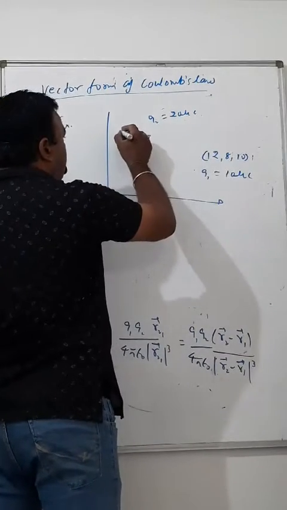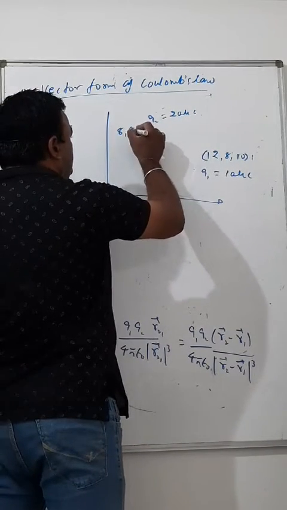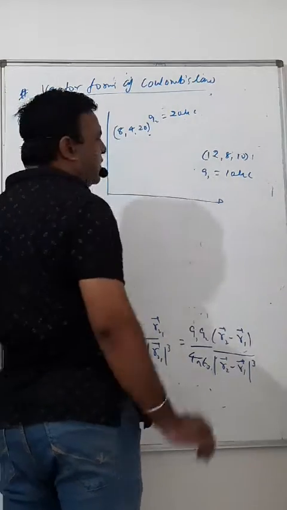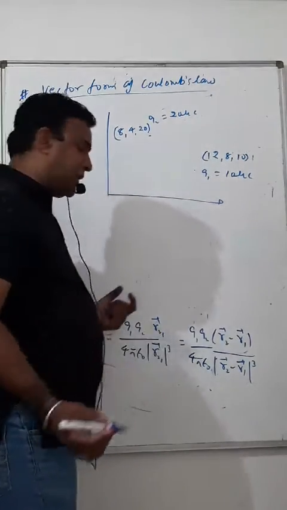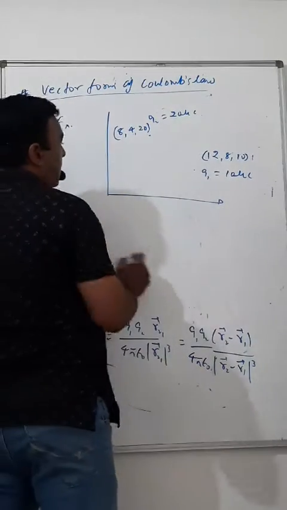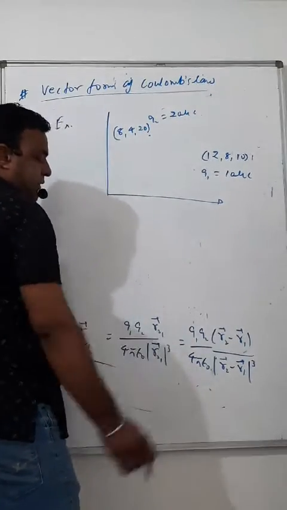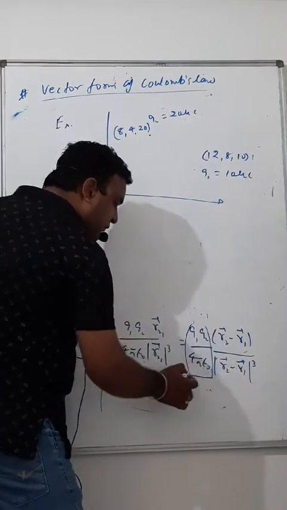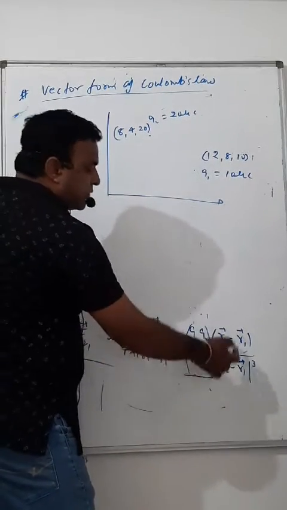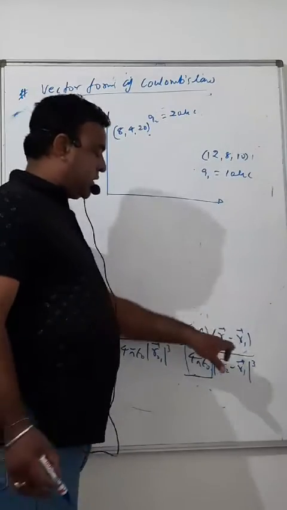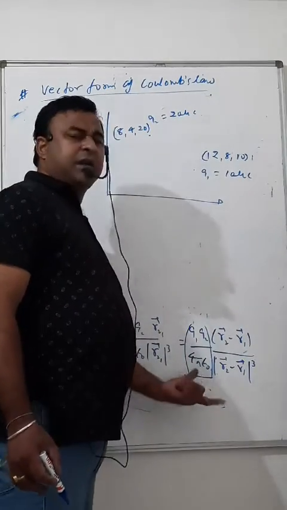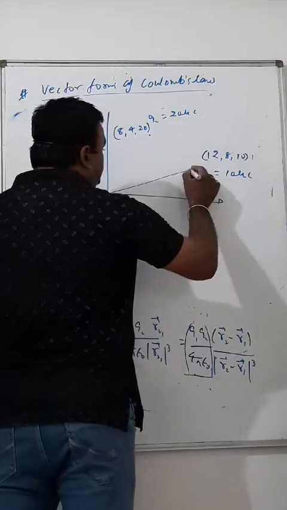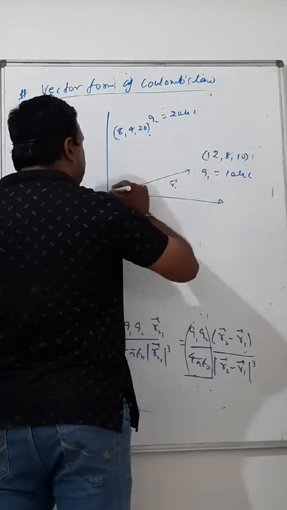Its position is 8, 4, 20. Whatever value you can take, I am just taking at random. Now we are supposed to find the force. Now there are two sections of this question. Now need to solve this section separately. That will become easier. Here this is R1 and this is R2.